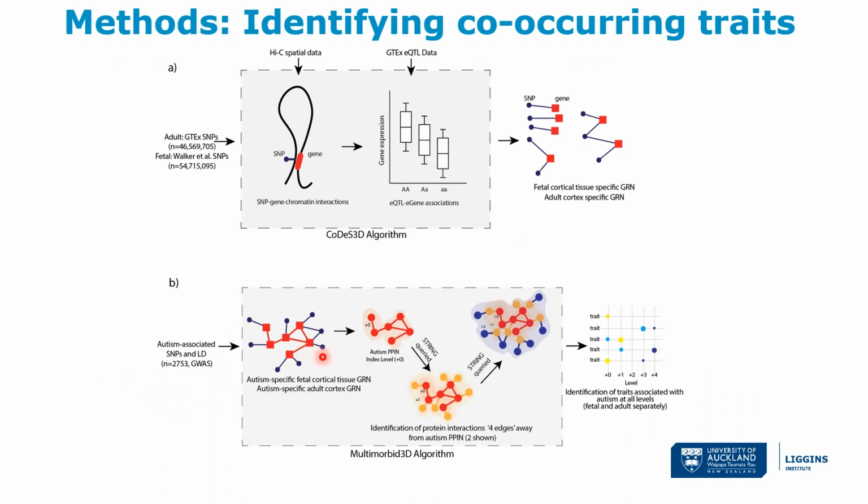Eventually, what we ended up with was a network of protein interactions, the genes that encode those proteins, the SNPs that regulate those genes, and finally, we looked at the GWAS traits associated with these SNPs to identify the genetic overlap between autism and co-occurring traits in the fetal and adult cortical tissue.